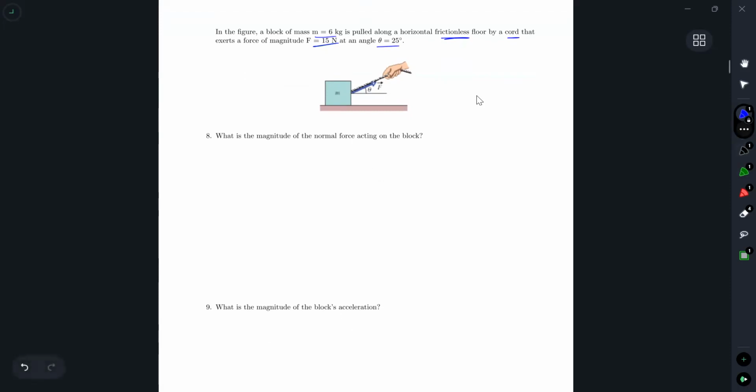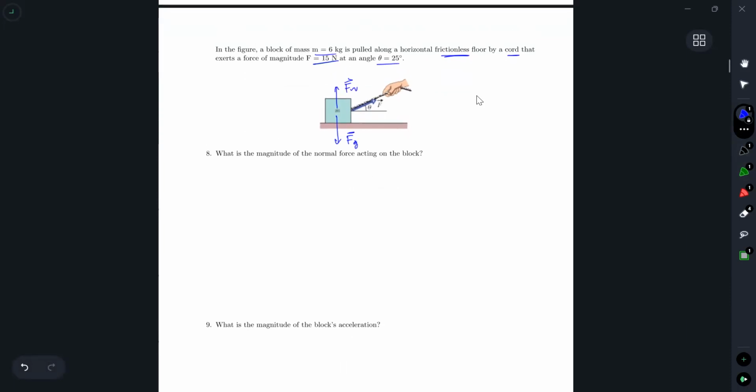So let's start drawing in any forces that are acting. Definitely got gravitational force. Definitely got normal force. It is perpendicular to the surface. And that's it, in addition to this one applied by the cord itself.